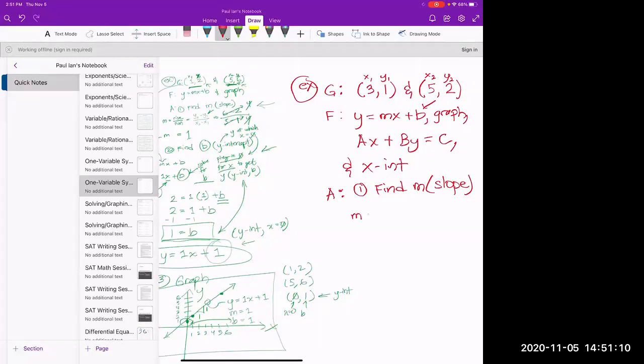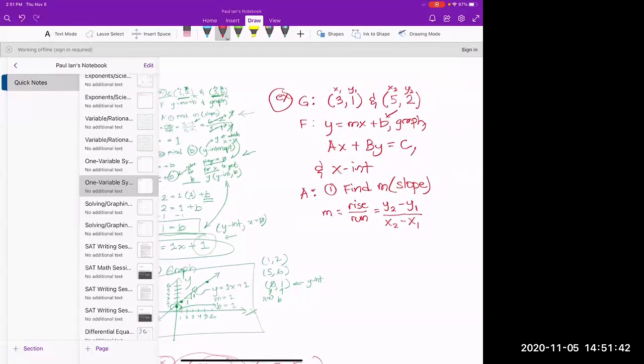So the m is rise over run. That's just concept, but then what is the equation? The equation for rise over run is you take your second y, y2, minus your first y, y1, which is your rise, and then your run is your second x, x2, minus your first x, x1, and that's your run.